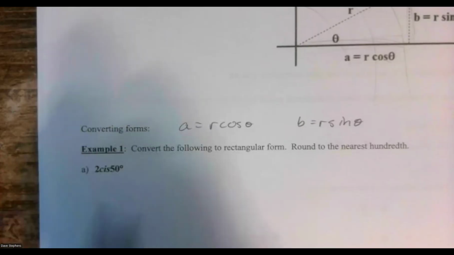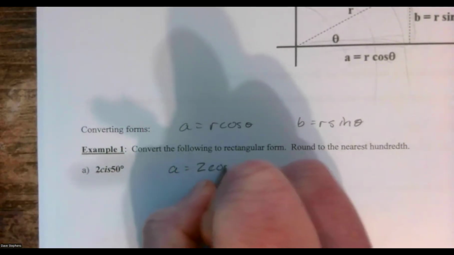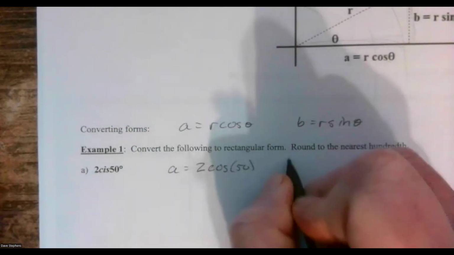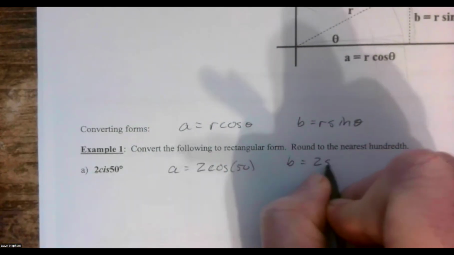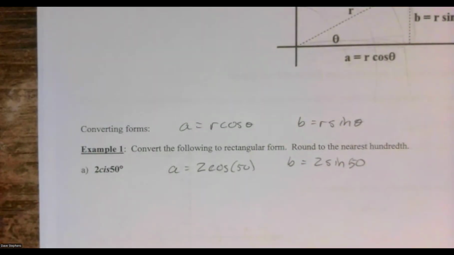So our r value here is 2. So a is 2 times cosine of 50, and our b value is 2 times the sine of 50. And now we have to go plug that into a calculator. That should be nice and annoying. Oh, cool. I'm glad all this is up there.